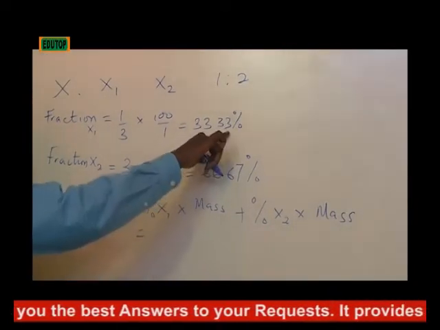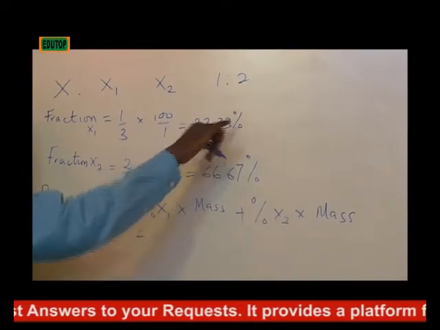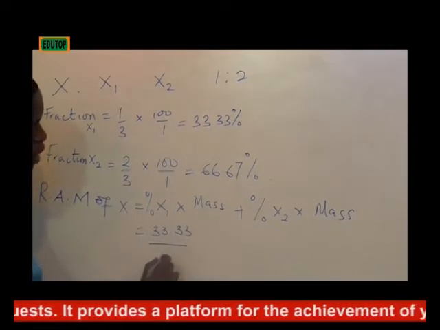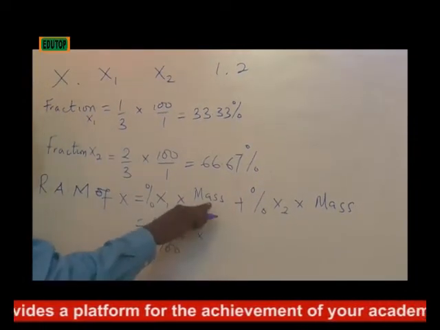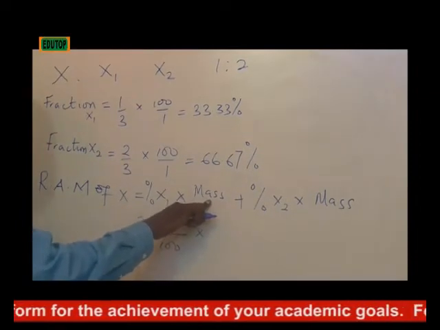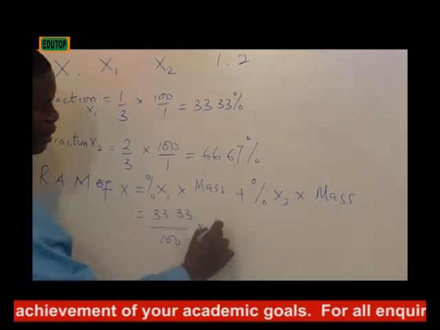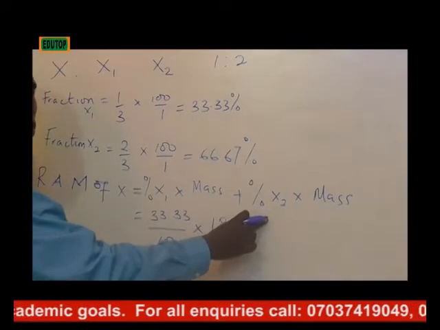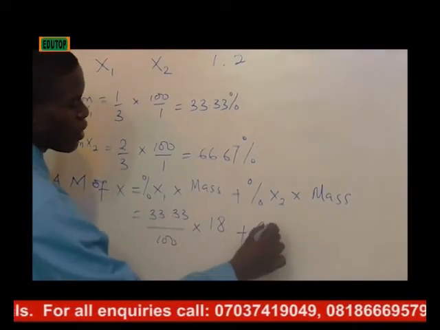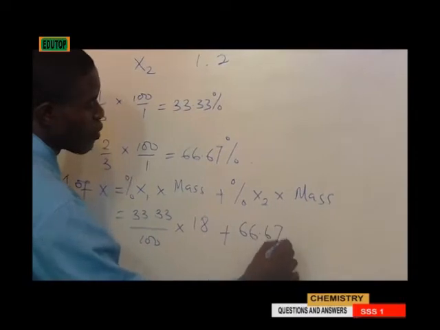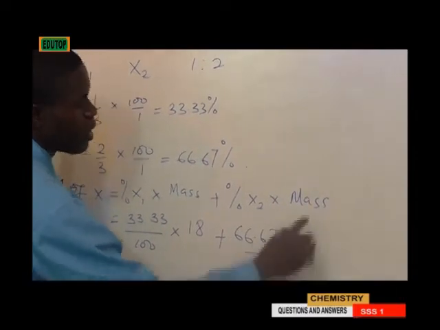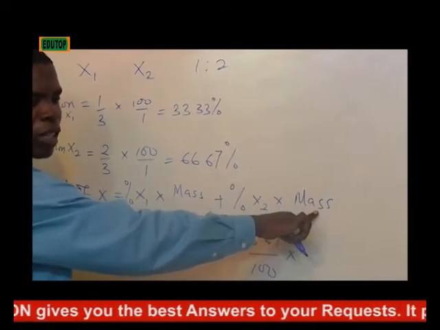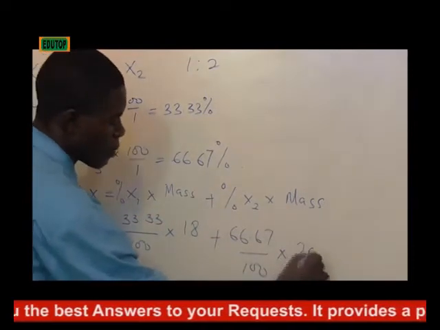Percentage of X1 is 33.33%, which is 33.33 over 100, times the mass number of X1. The mass number of X1 from the question is 18, plus the percentage of X2, which is 66.67 over 100, times the mass number of X2 from the question, which is 20.